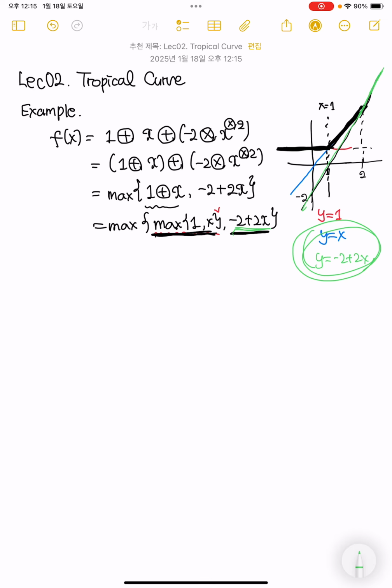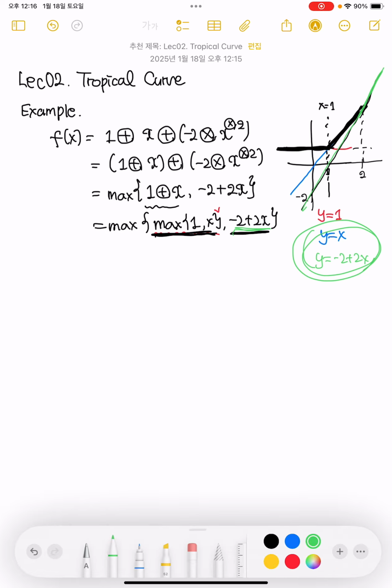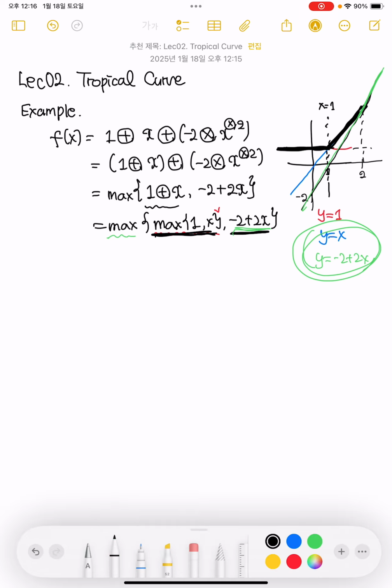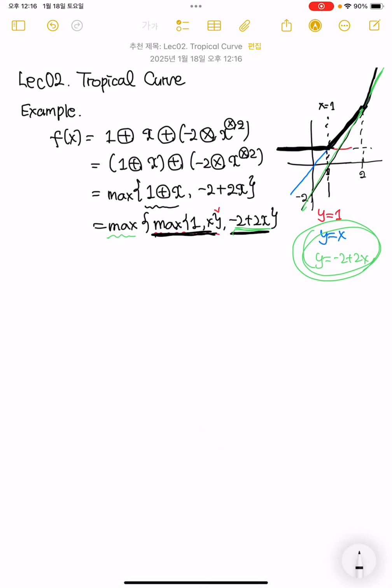This means that if x is greater than or equal to 2, by the definition of a maximum, the graph will be this green line.